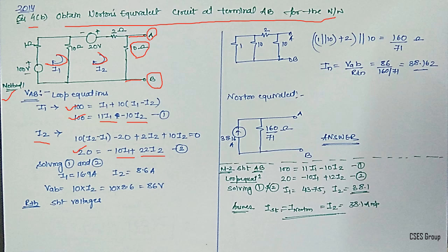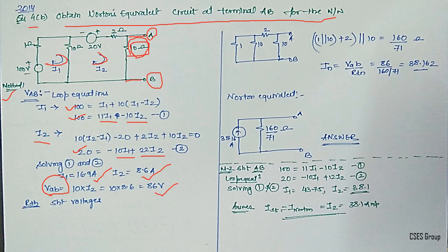These two linear equations, two unknowns, you can easily identify the I1 and I2 values. The I1 value comes out to be 16.9, and the I2 value comes out to be 8.6. And VAB is the drop across this 10 ohm, so just multiply your I2 with the 10, which is equals to 86 volts.